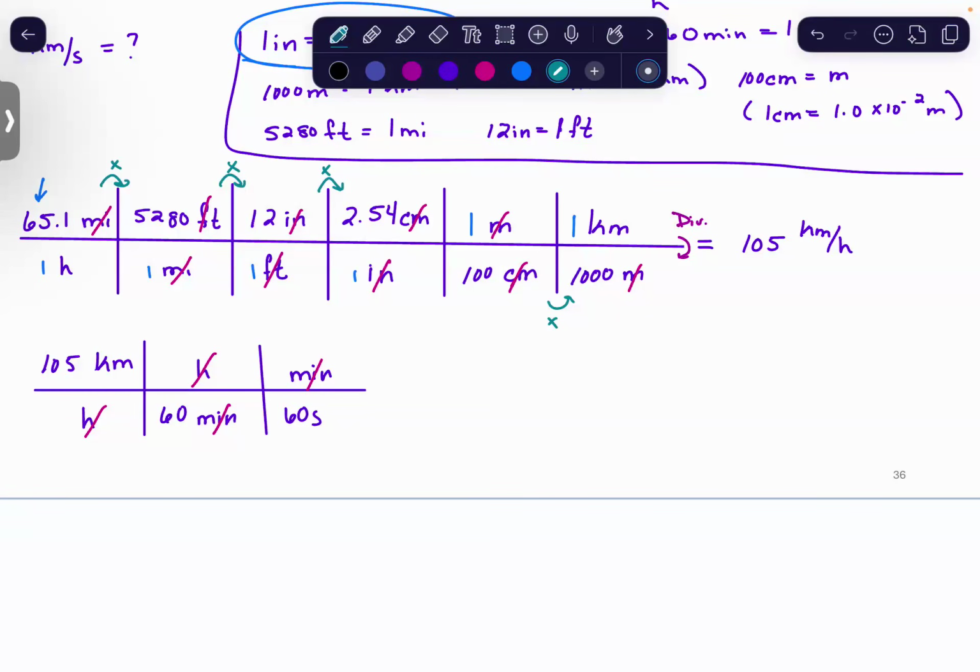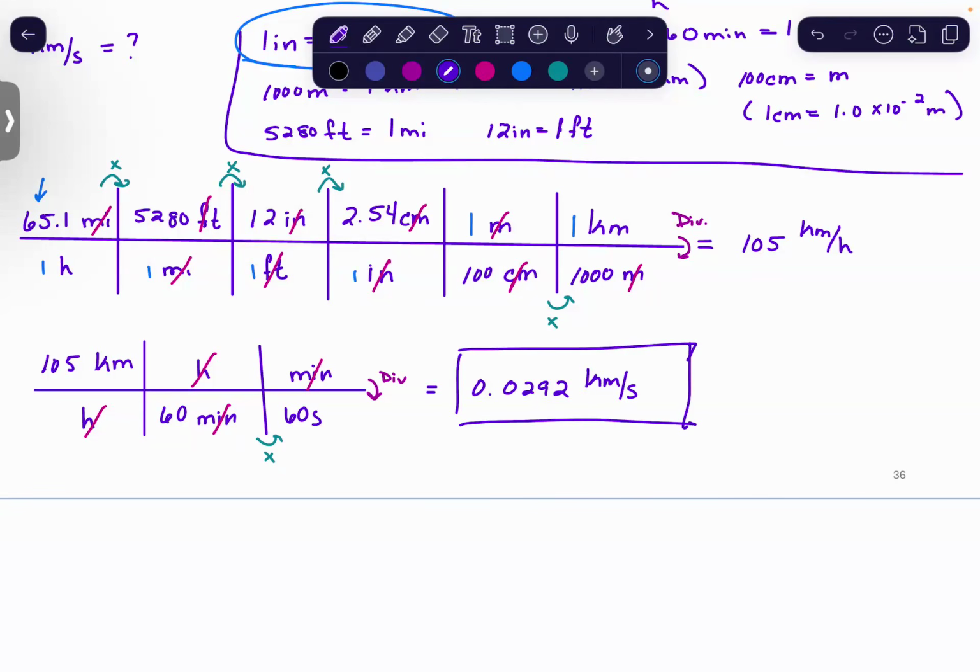And across the bottom, it'll be 1 times 60 times 60. Then I'm going to divide the top by the bottom. And so 105 divided by 60 times 60 is going to end up giving me 0.0292 kilometers per second. So there's the answer to my conversion.